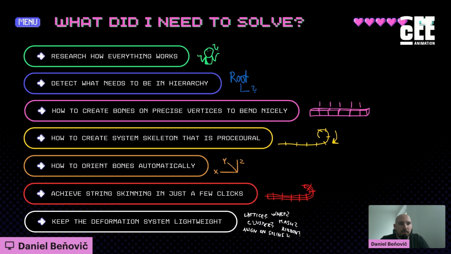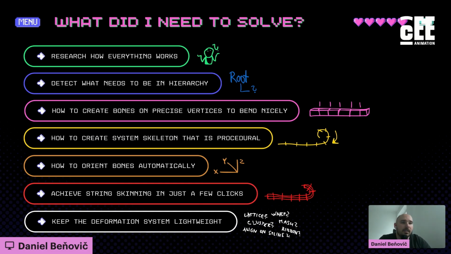Then I had to create the bones for the strings and cables, but we need to position them precisely on the vertices, so the bones bend nicely to create a smooth deformation effect for the string in the pulley.